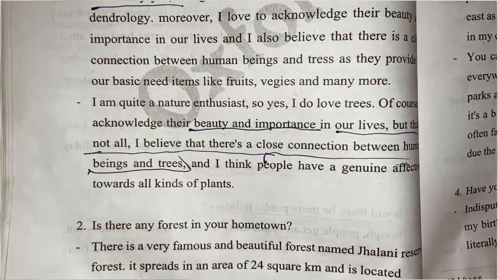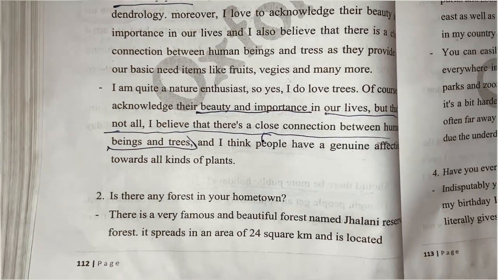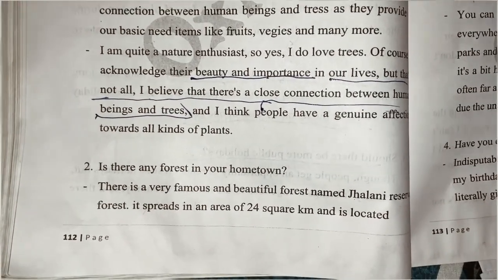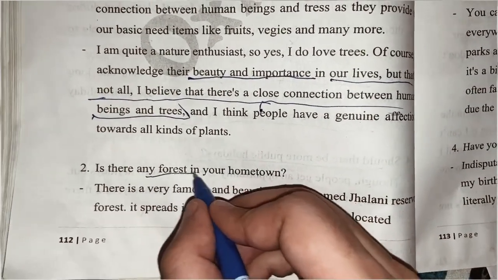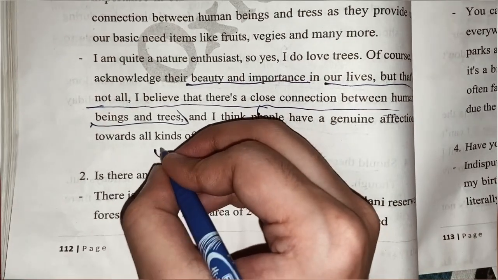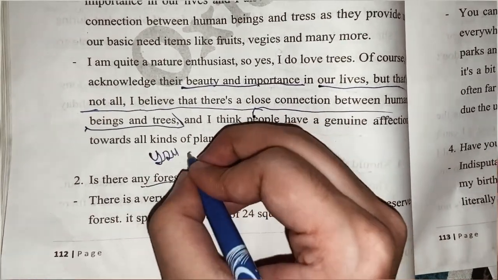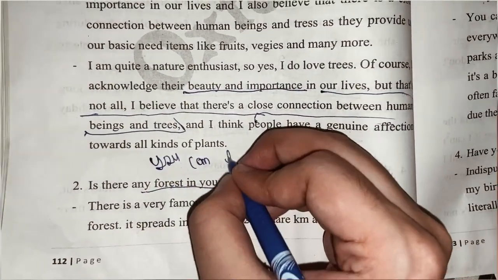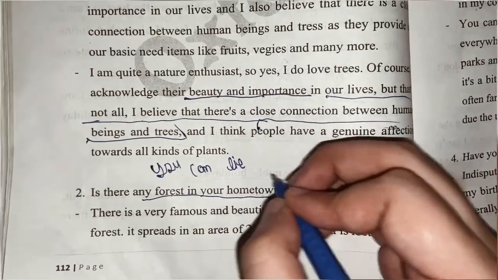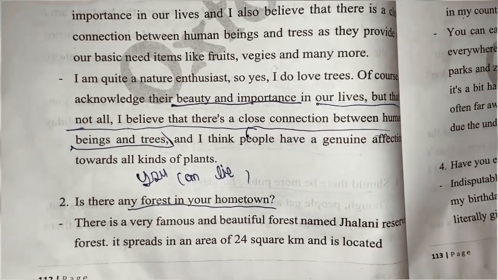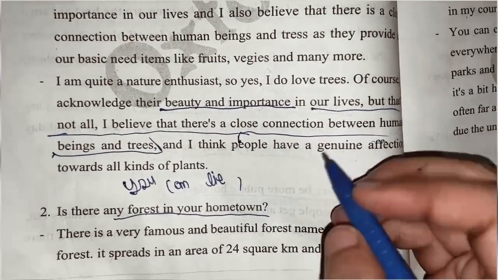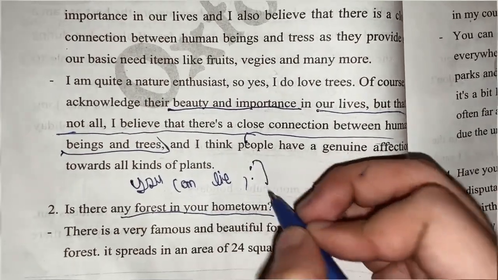Okay, yes. Is there any forest in your hometown? So there is a very famous and beautiful forest named Jhalana Reserve Forest. It spreads over an area of 24 square meters. You can lie as well, as it is 24 square kilometers, and it is located anywhere.